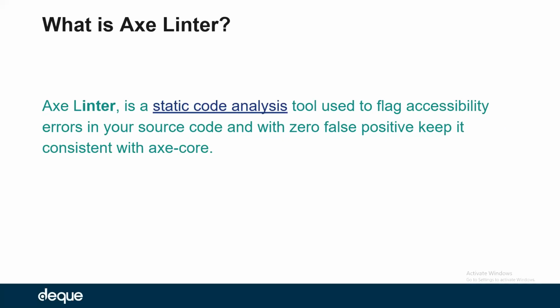Generally, you develop your application and then run an Axe tool, like Axe Expert or any other tool, to check not just the code but the rendered page, and then flag the issues.